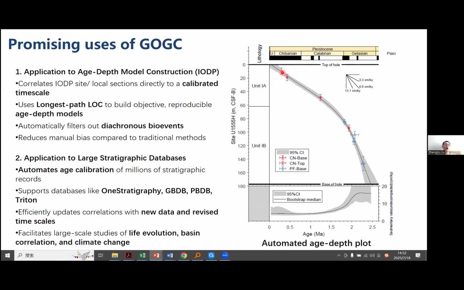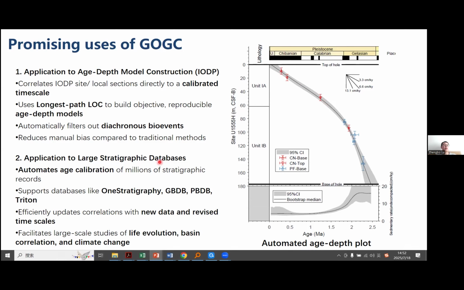And our longest path LOC can help to filter out those diachronous bioevents before we build an objective and reproducible age depth model. And this one is thought to be a great progress in the age model construction over the previous one, because the previous one is generally constructed based on manual or qualitative methods. However, our method would be more quantitative and objective.